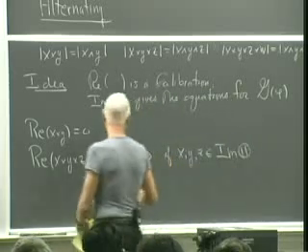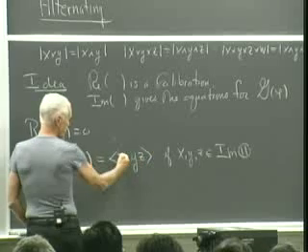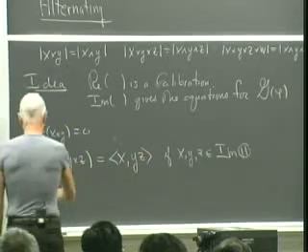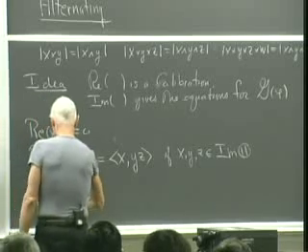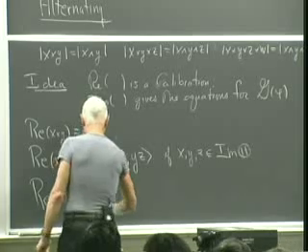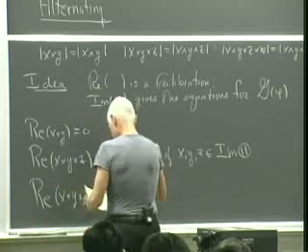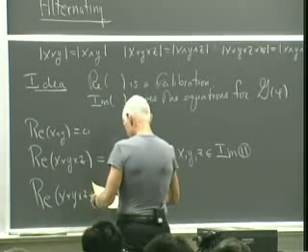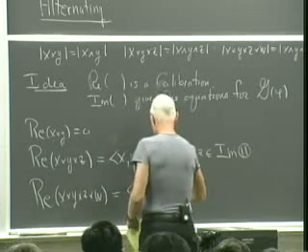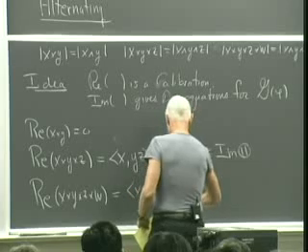In fact, what it is in general is exactly this, but you have to take the imaginary parts of x, y, and z. And the real part of x cross y cross z cross w is the inner product of x with the triple cross product, y cross z cross w.